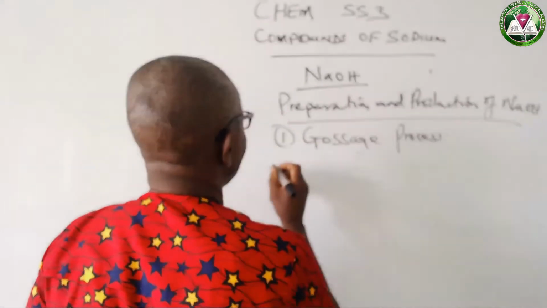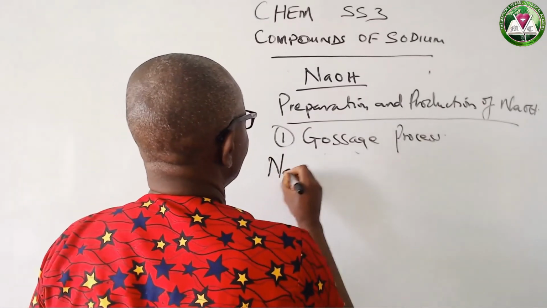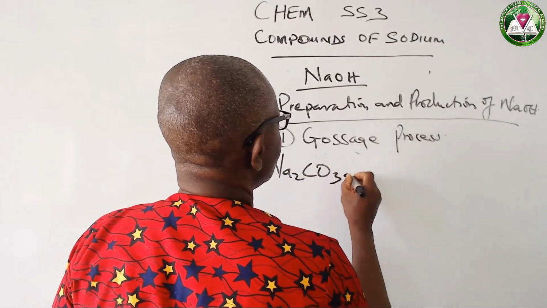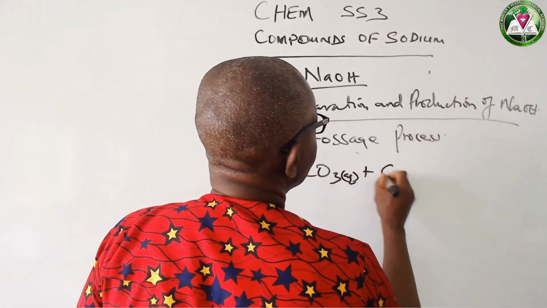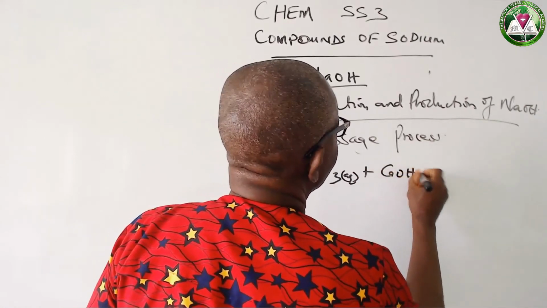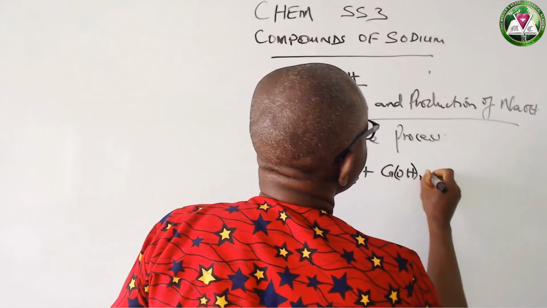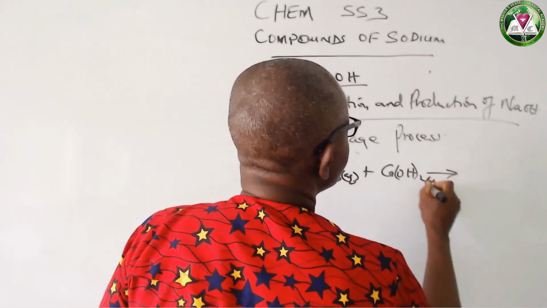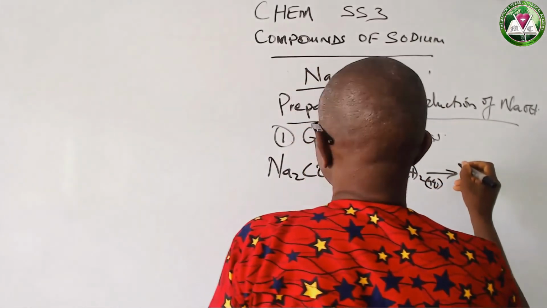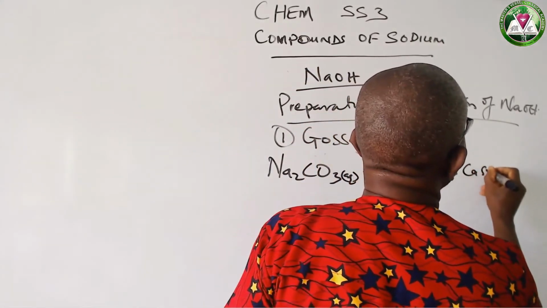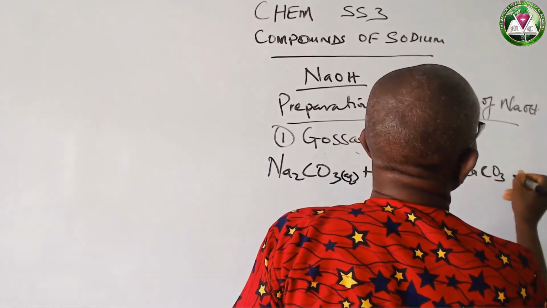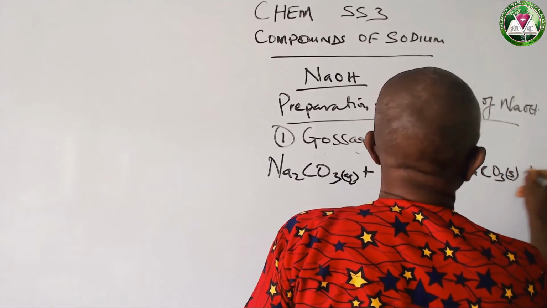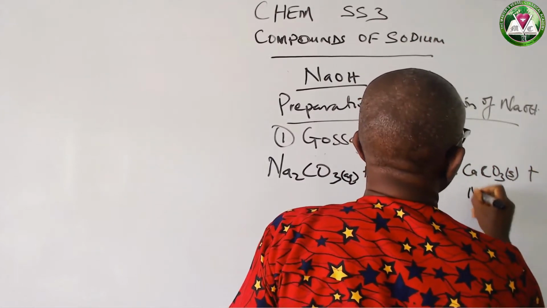You have this equation: sodium trioxocarbonate(IV) aqueous plus calcium hydroxide, this is aqueous, to give you calcium trioxocarbonate(IV) precipitate plus sodium hydroxide.